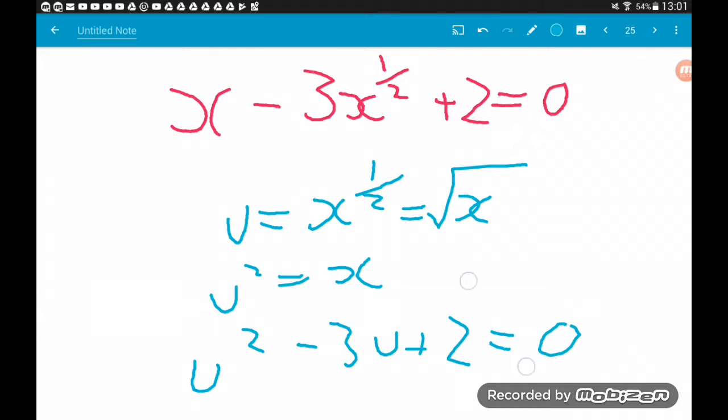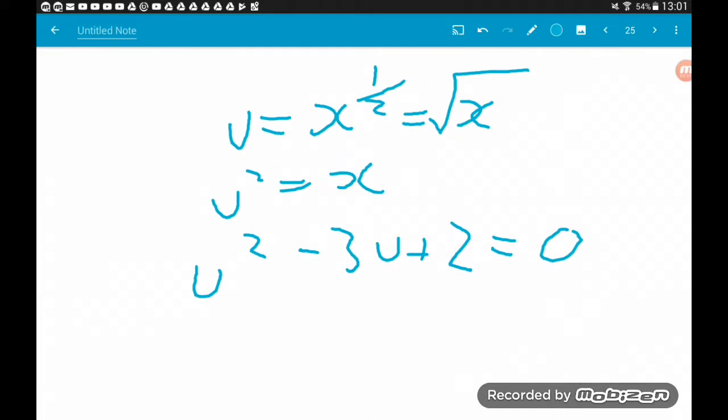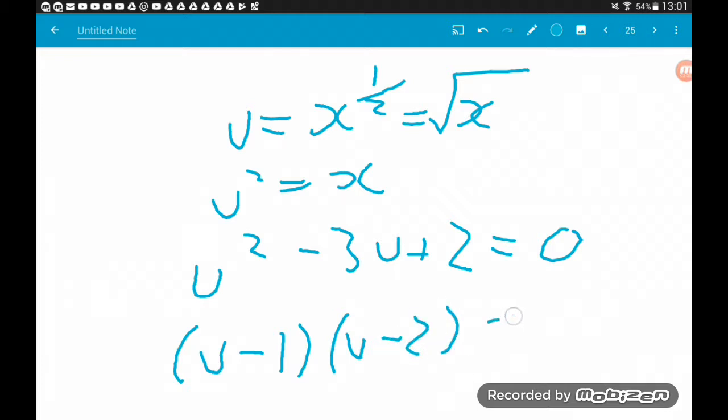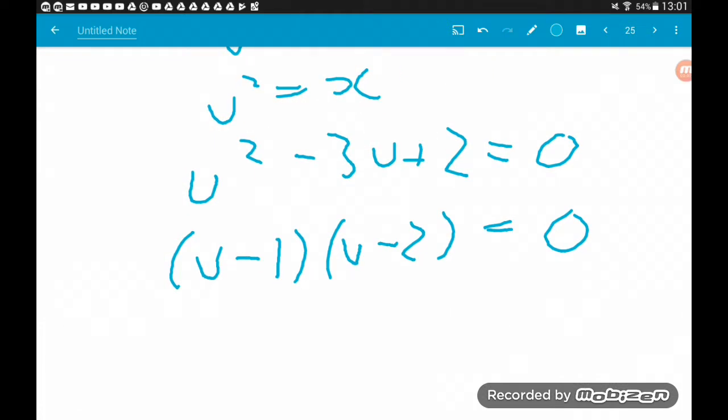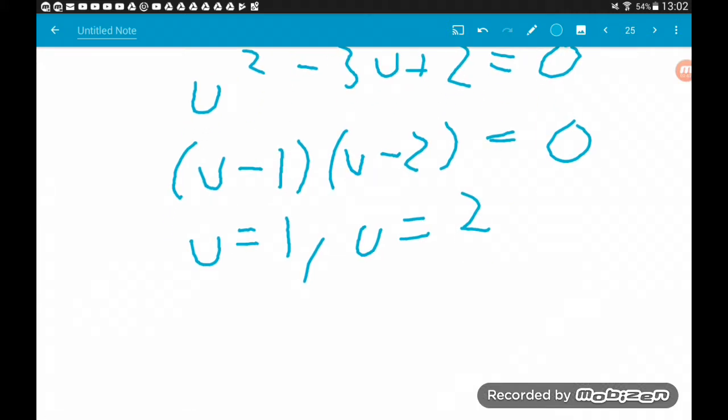So this is going to factorise to u minus 1 times u minus 2, and that is equal to 0. This then tells us u is equal to 1 and u is equal to 2. Now remember, we made the substitution u equal to root x.